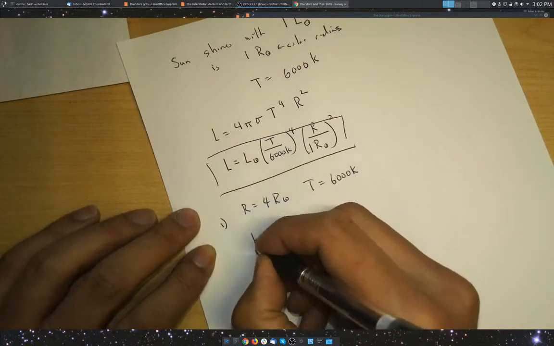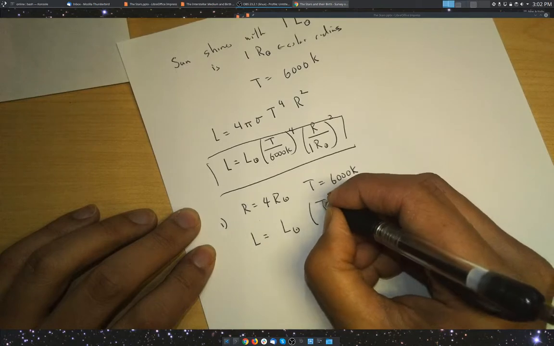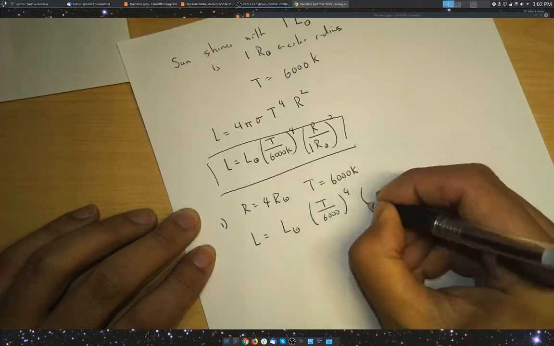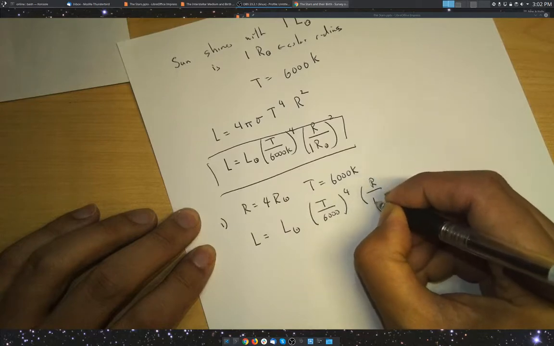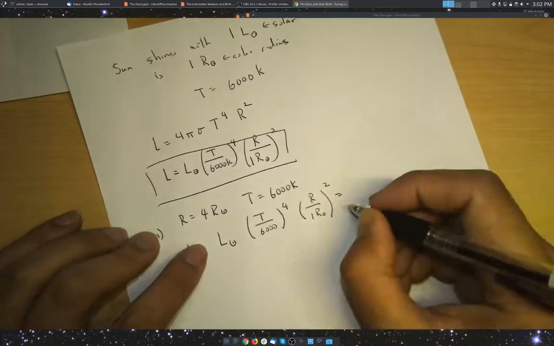L is equal to L solar times T over 6,000 to the fourth, times R over 1 solar radius squared. Let's plug everything in now.